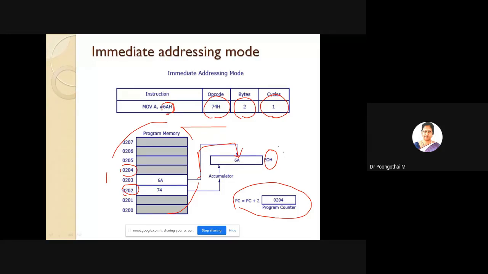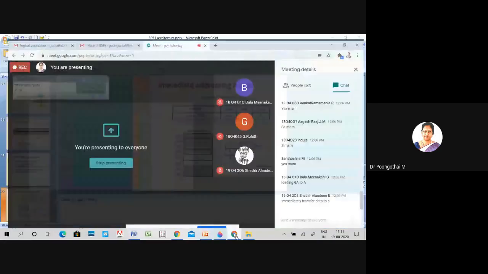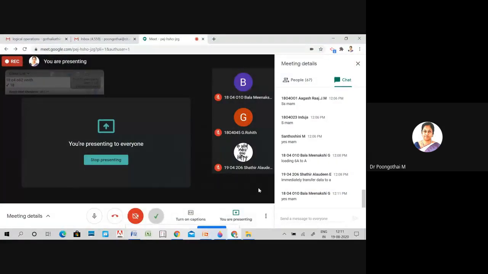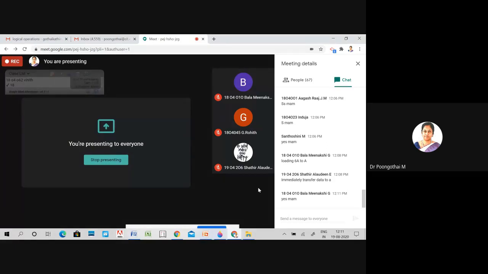Once the instruction gets executed, your program counter is incremented by 2, pointing to 204. Is it clear, students?